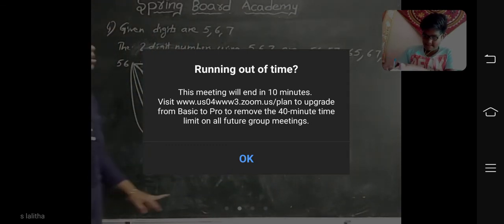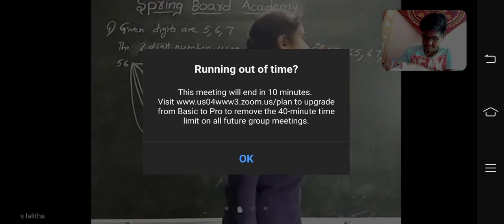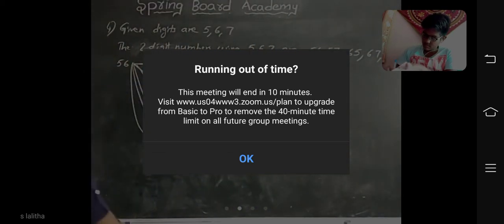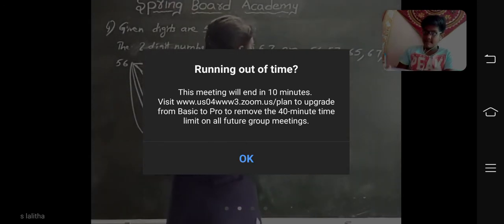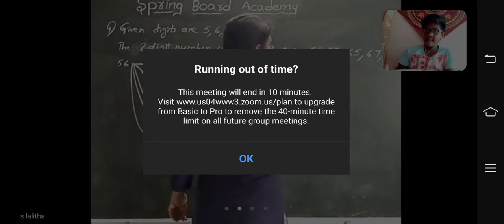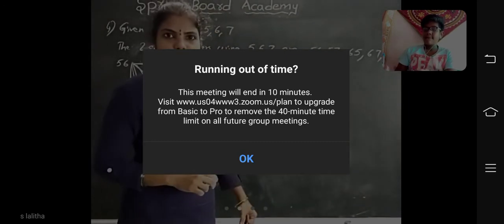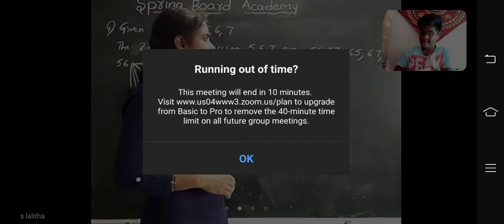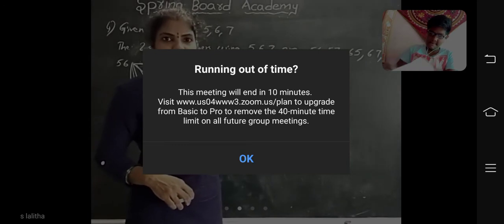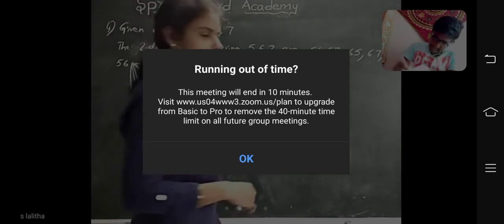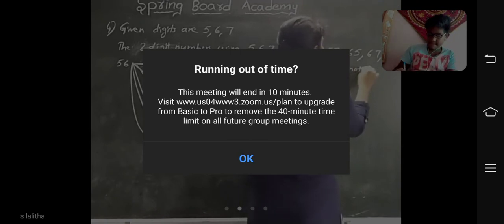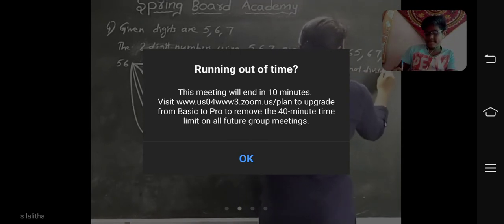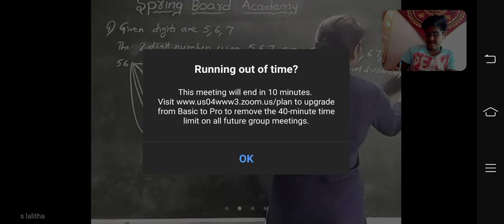Okay, children? Like that you can do remaining numbers. 57. Do 57. So is 57 divisible by 2, children? No. Why? Because in the ones place it is 7. So it is not divisible by 2.